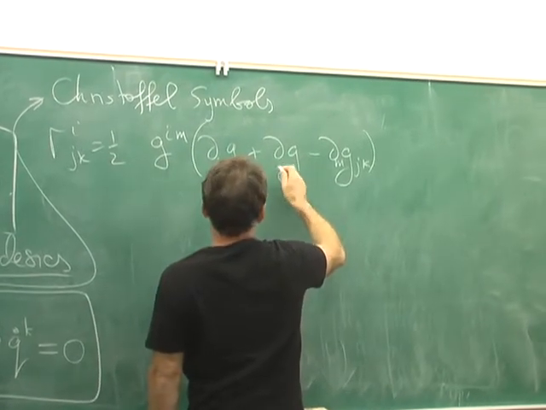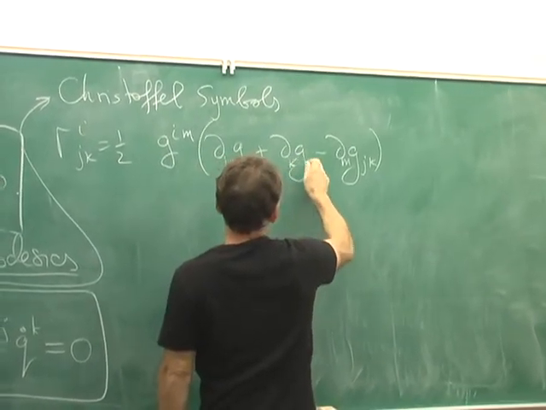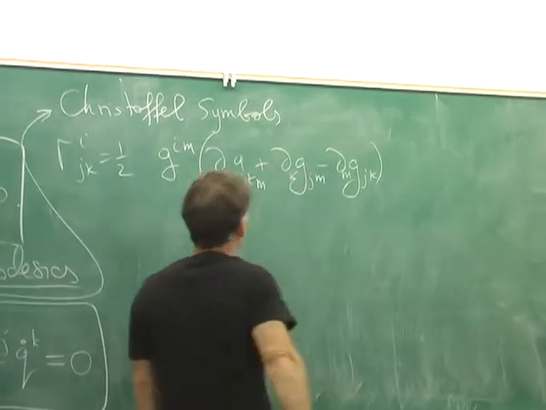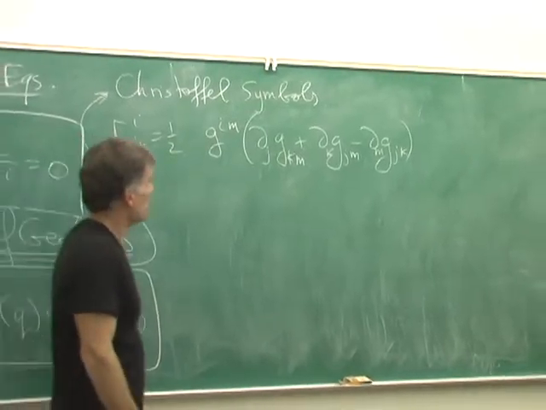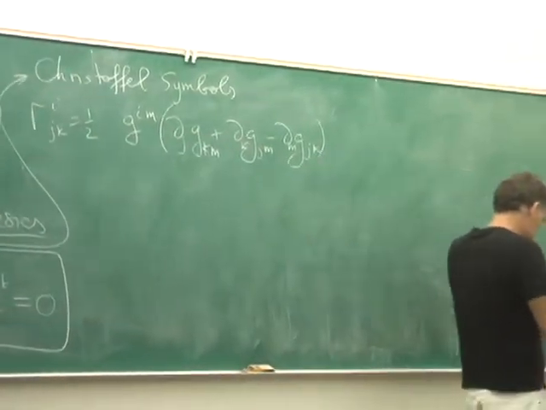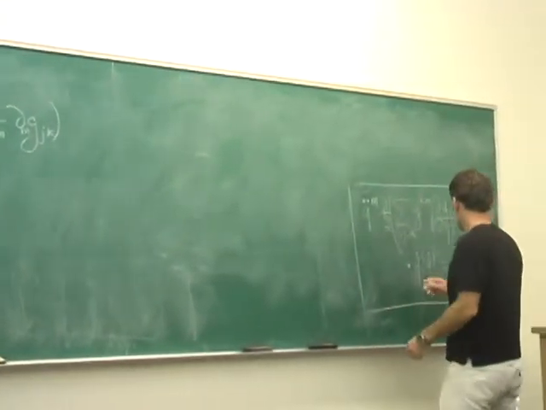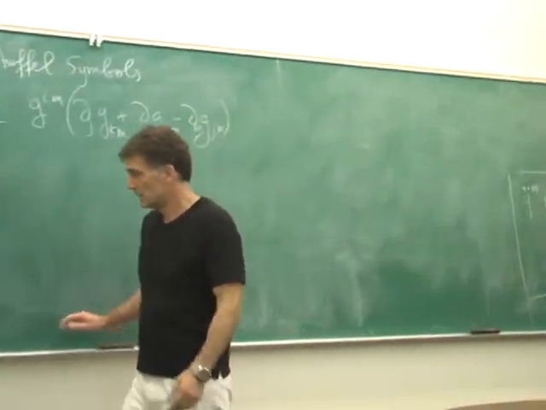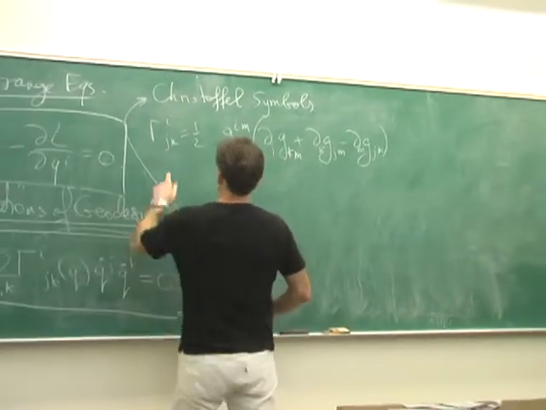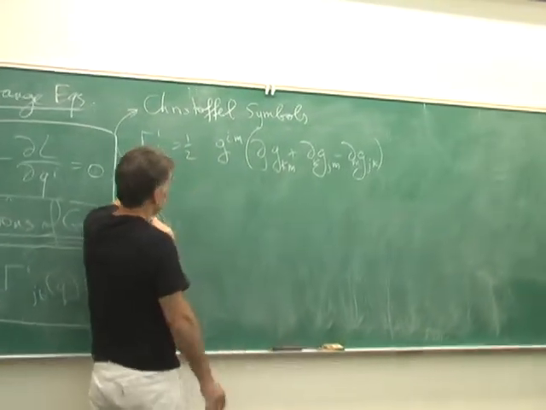Yeah, well, these are Christoffel symbols. And I'm going to derive them in a second, because they enter the equation of geodesic in a specific way. This is symmetric in j and k.